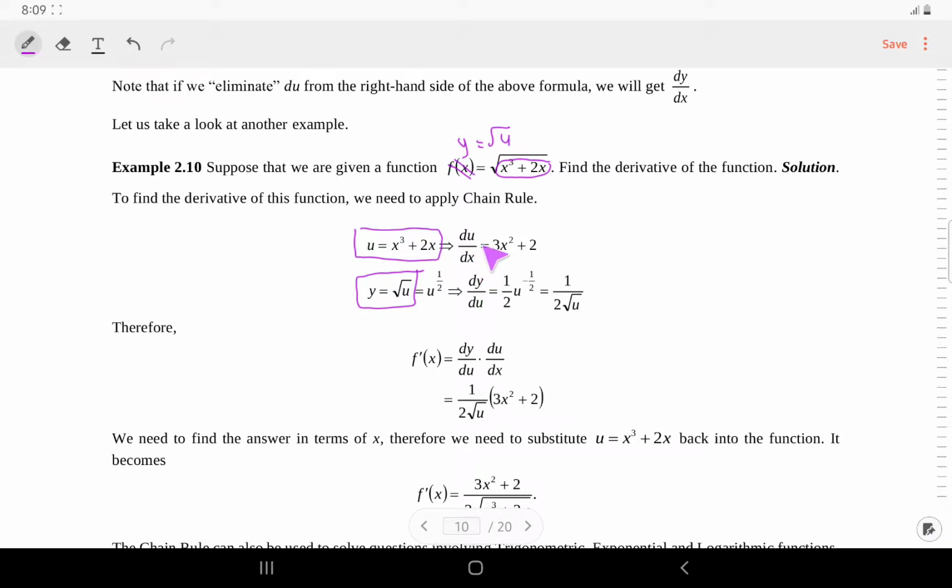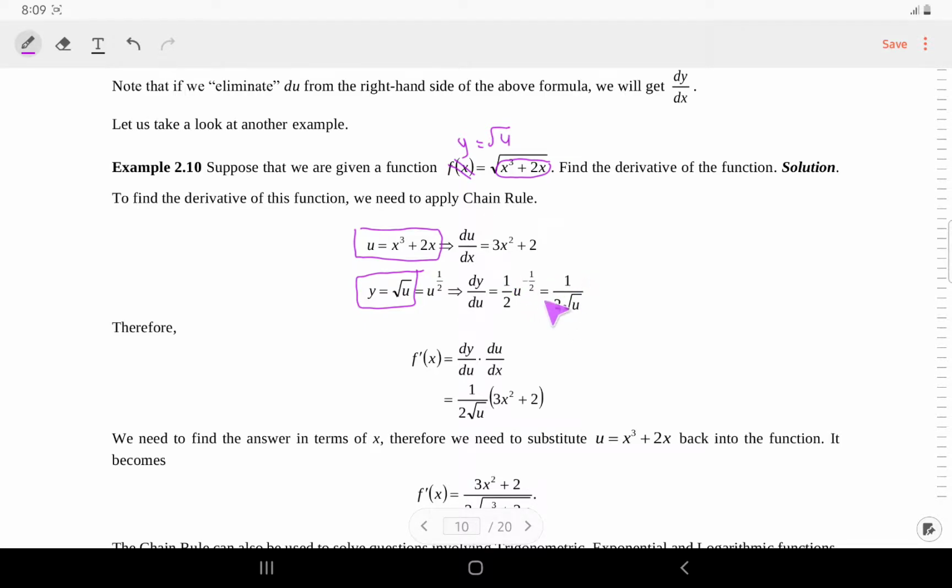This is simple differentiation, where when we differentiate x to the power of 3 plus 2x, we will get 3x squared plus 2. Then for u to the power of half, when we differentiate, we will get half u to the power of negative 1 over 2, negative half.